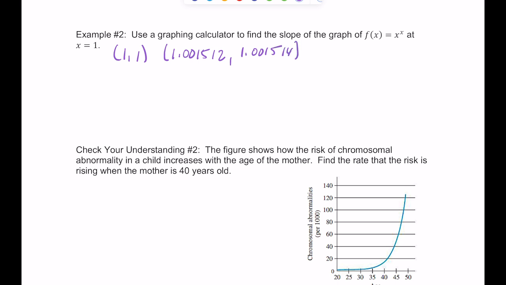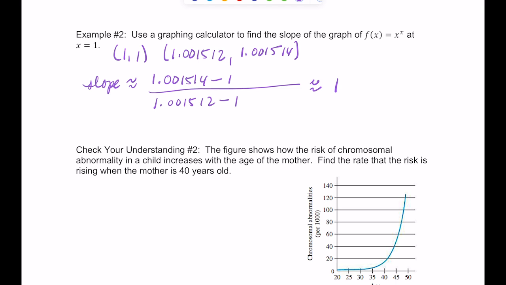Okay. So we're just going to find the slope, right? And it's going to be approximate. So I've got my y2 minus my y1 all over my x2 minus my x1. And when you do this, you get something close to 1.